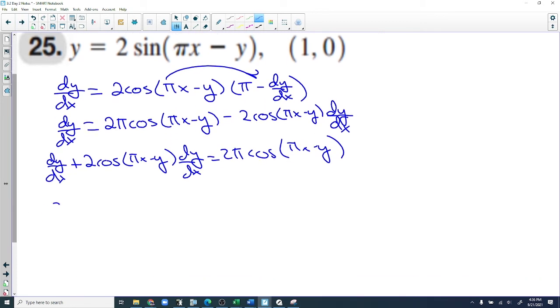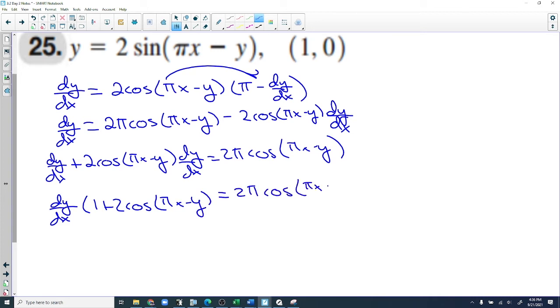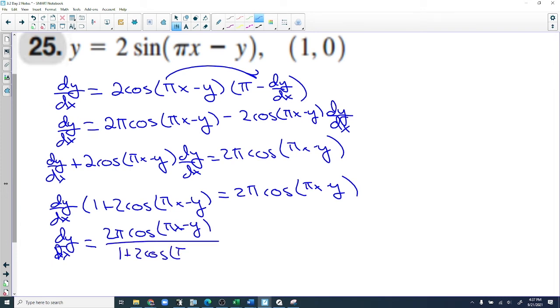And then factor out the dy/dx, and that's 1 plus 2 cosine of (pi x minus y), equal to 2 pi cosine of (pi x minus y). So now we divide. dy/dx is equal to 2 pi cosine of (pi x minus y) over 1 plus 2 cosine of (pi x minus y).